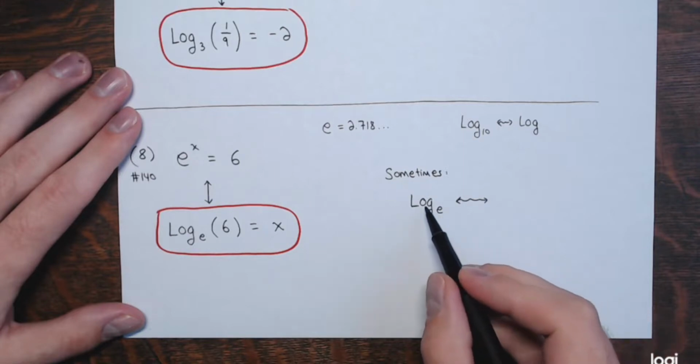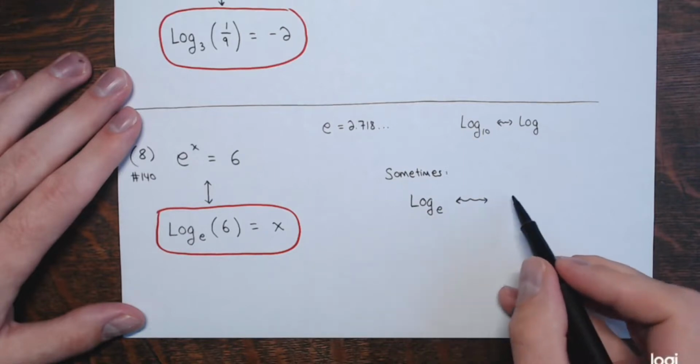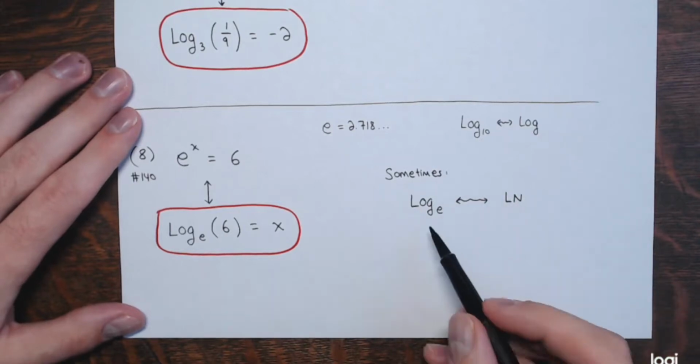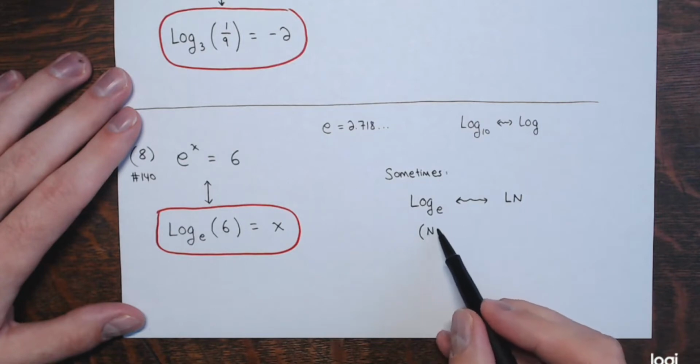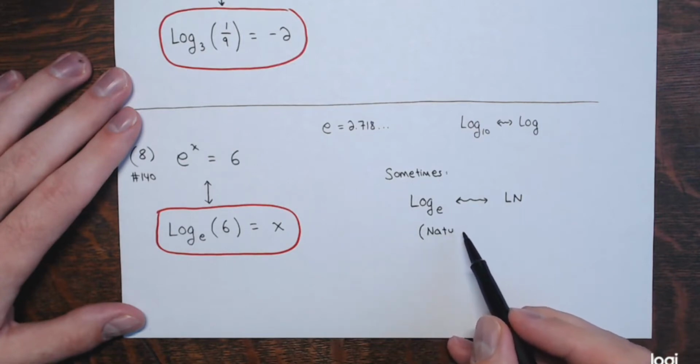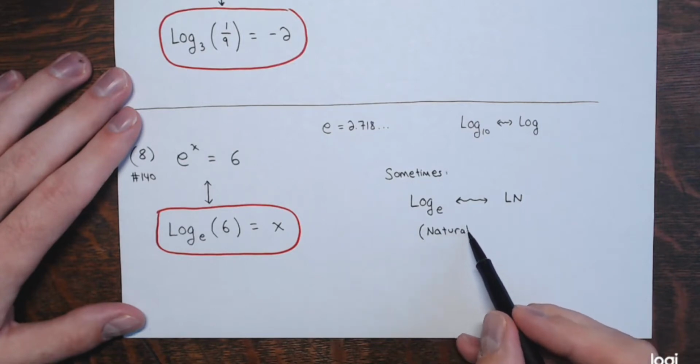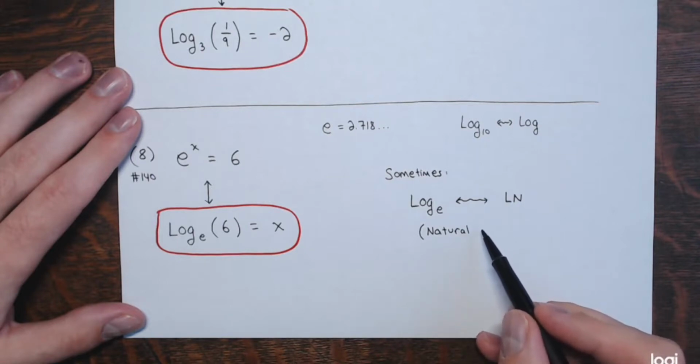Instead of log base e, it's going to be written as ln. This log base e, or ln, is called the natural logarithm, right? e was called the natural base. So it's only natural that this would be called the natural logarithm.